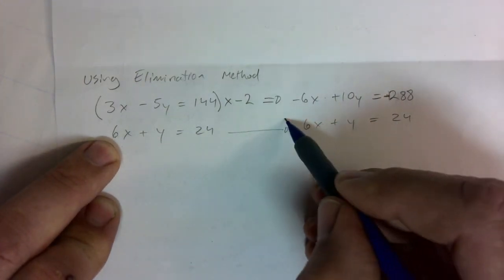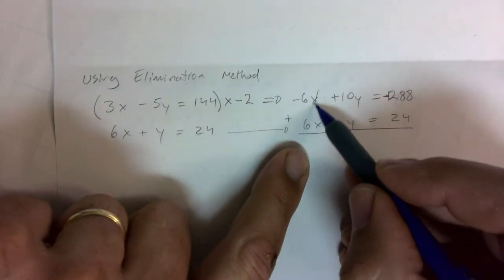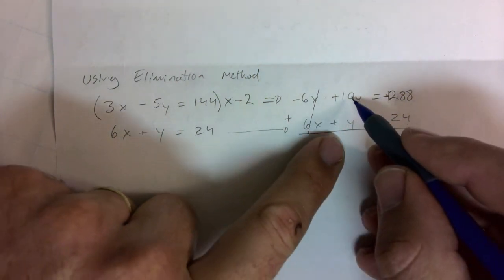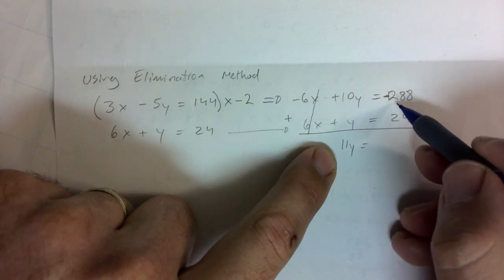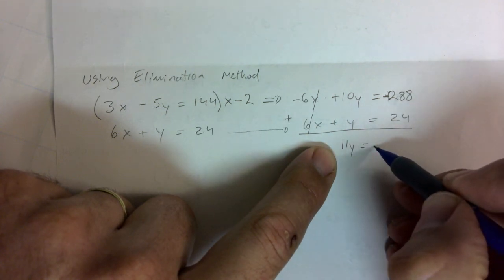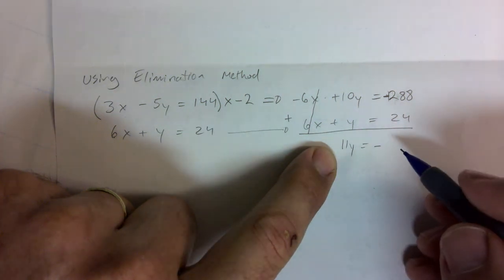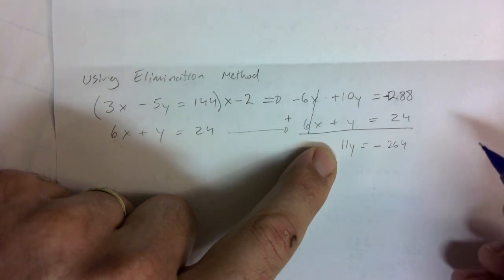And now I'm going to add these two equations. And this is going to cancel out because negative 6x plus 6x is just 0. If I add these, I get 11y is equal to negative 264, right? Yeah, like that.